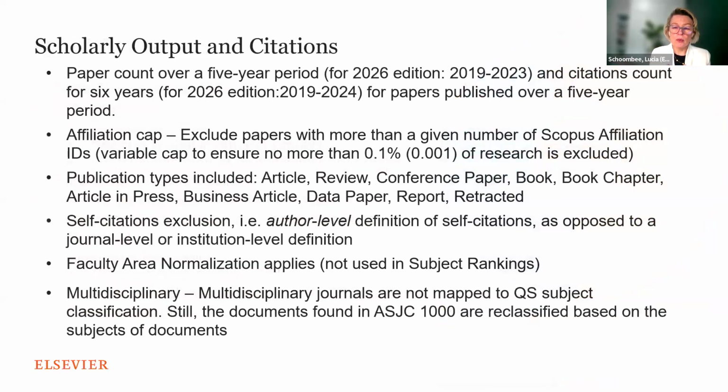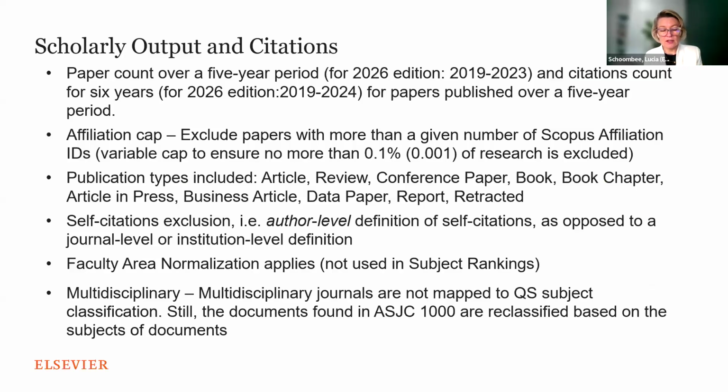Right. So what the data set looks like, it's a paper count or document count over a 5-year period, same as Times Higher Education. So for the 2026 edition, which was already published recently, the data set was 2019 to 2023.